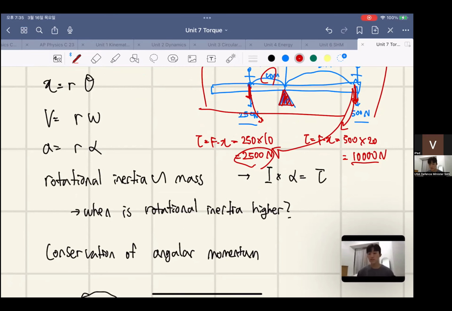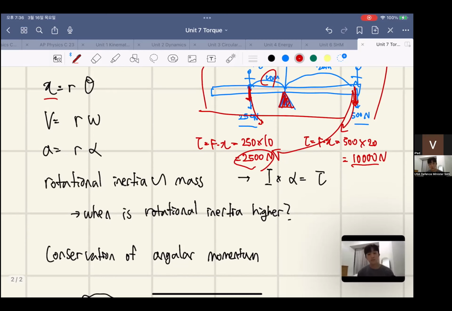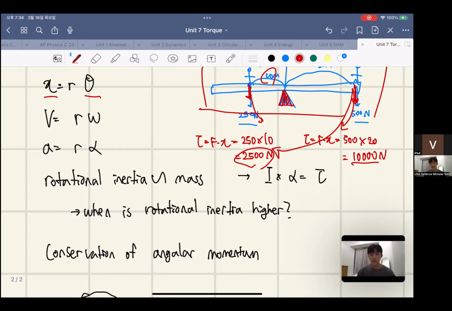What's interesting is we can draw a parallel between linear kinematics and rotational kinematics. First of all, x in linear kinematics meant displacement, or the position that the object moved. Now, in rotational kinematics, we use theta, which is the angle that a certain object moved.